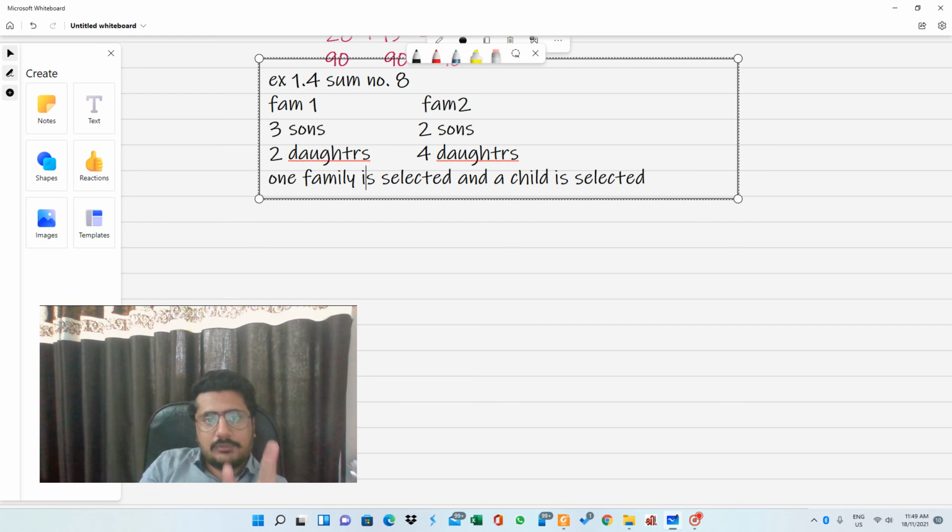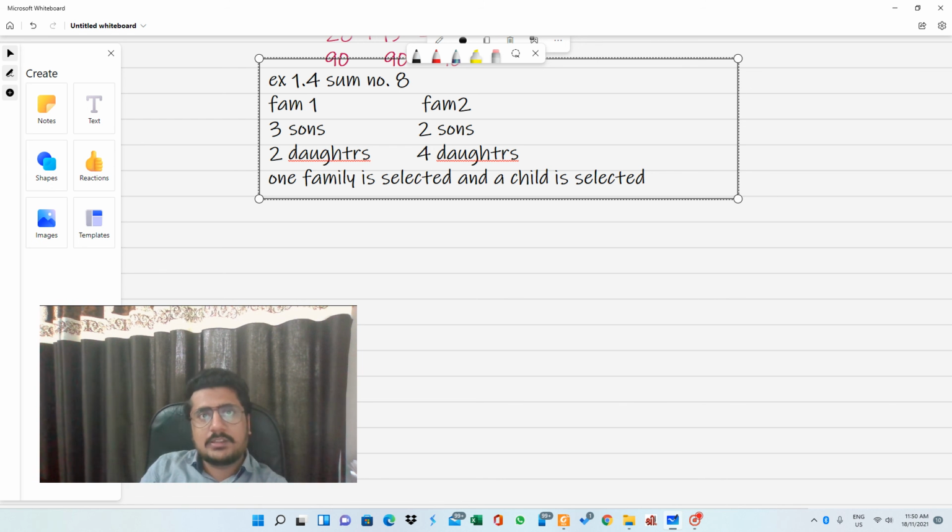That is from family one or family two. You have to select only one family, either family one or family two. And a child is selected, and from that you have to select one child. In short, your selection is only of one child, not two children, one from family one and one from family two. You have to select only one child from both the families. So first of all you have to select the family.